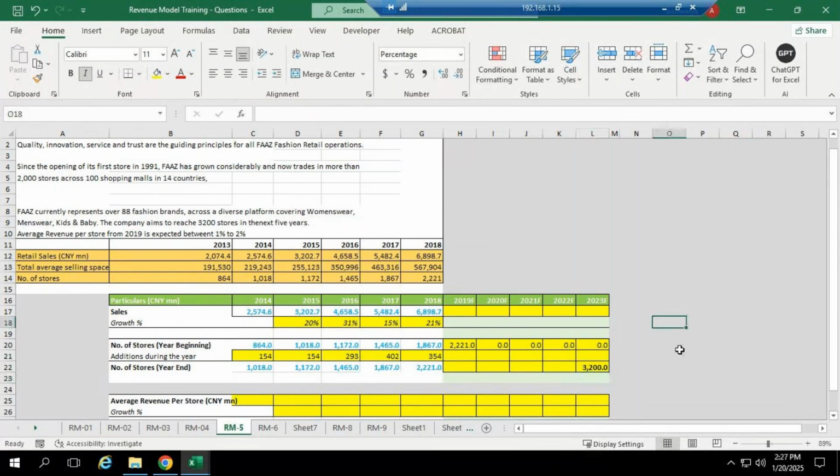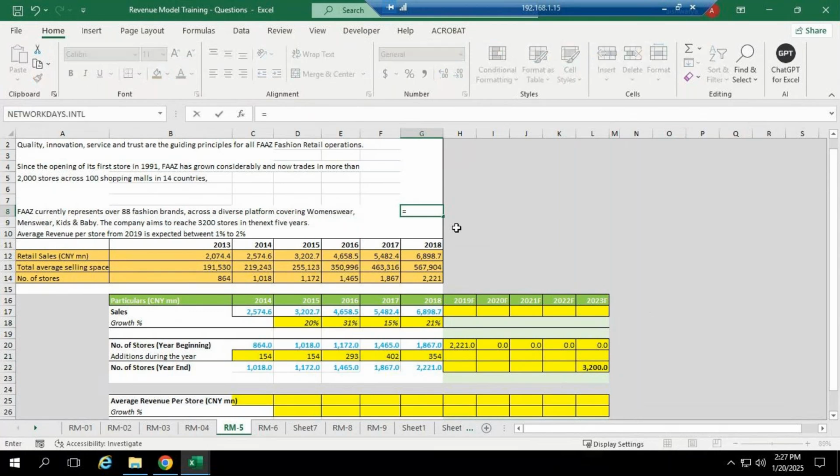So we calculate here is equal to 3,200 minus 2,221. Enter. So 979 stores have to be started in the span of 5 years. So that's why is equal to 979 divided by 5. So per annum it is 195.8. That means 196 stores have to be started.